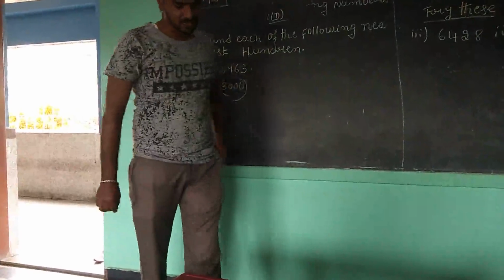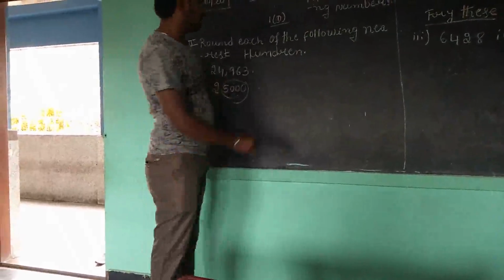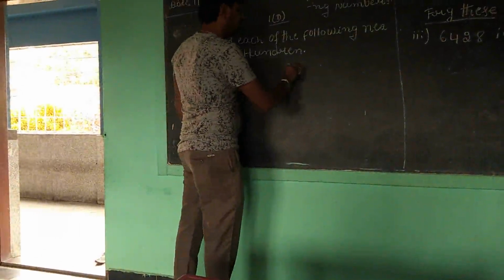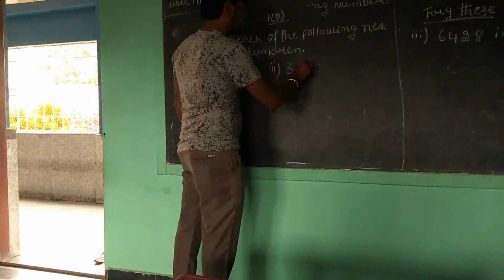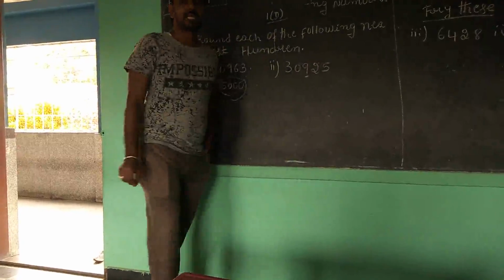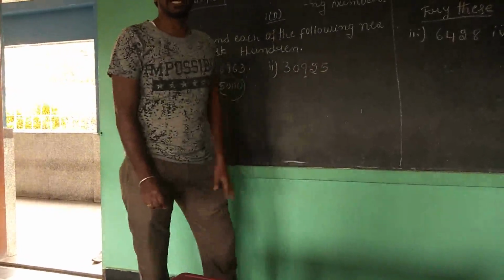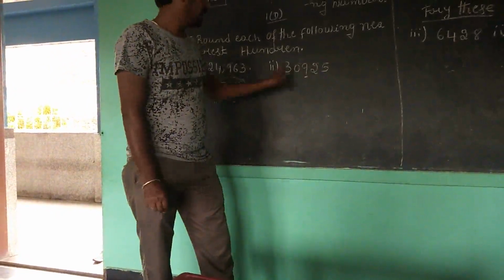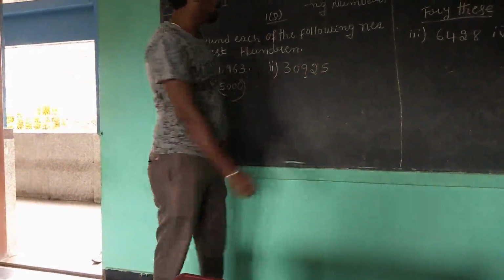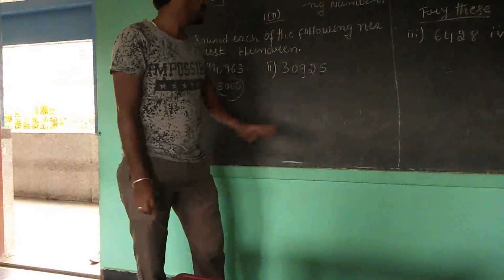Children, take the next question, 30925. Here you want to take the nearest 100. 925, because 3 then 30,000. It is less than 5, so you write 900.